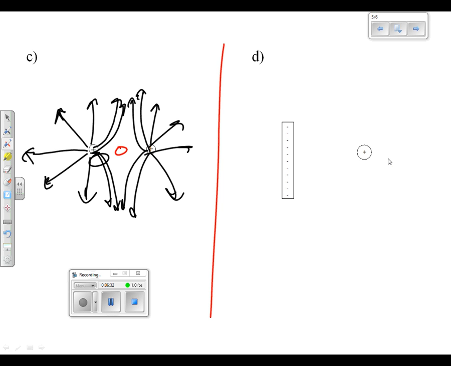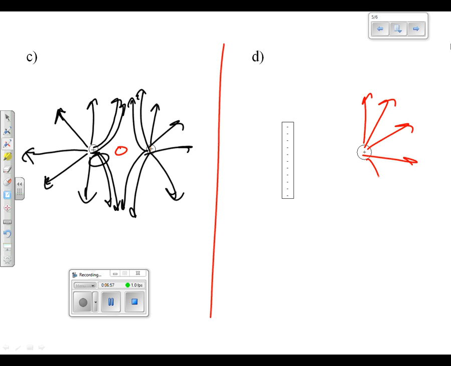Okay, now what about if you've got a positive charge, and this is like a flat metal plate that's charged. Kind of like in the Millikan apparatus. This is positive, and these are all negative here. I know they're kind of tiny there. Okay, so again, it's always from positive to negative, right? Away from positive.